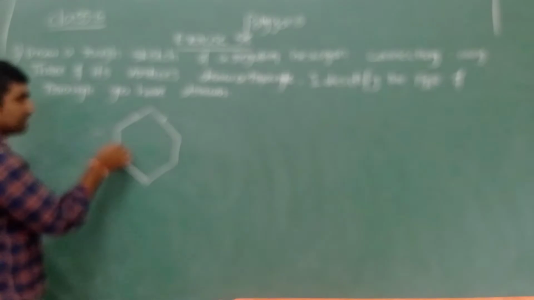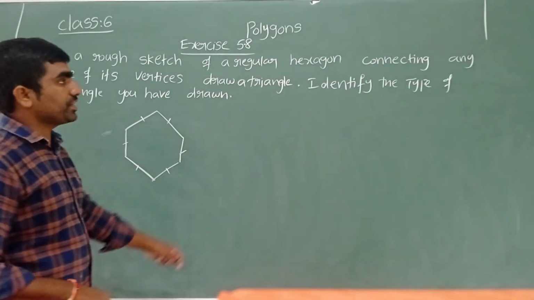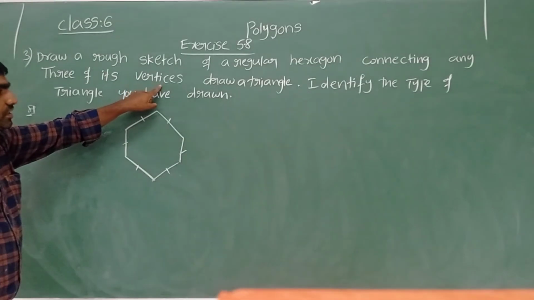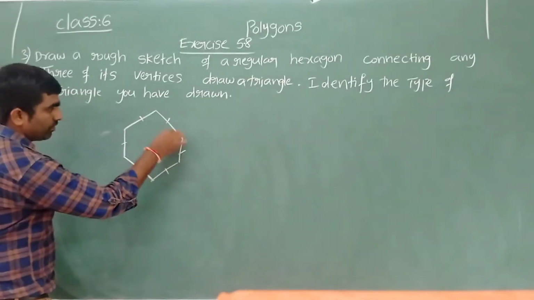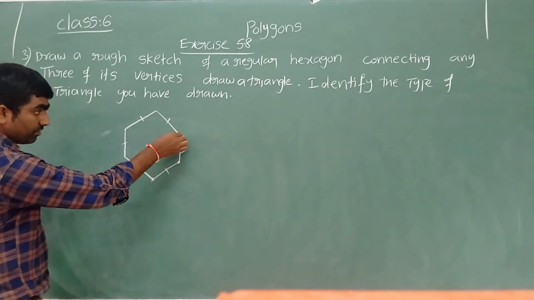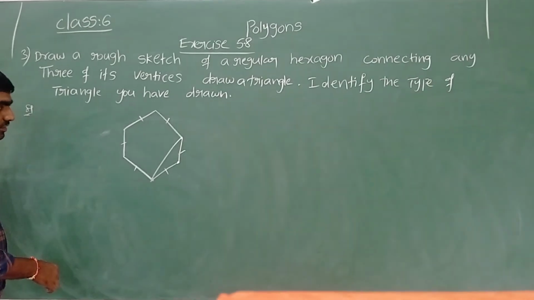Regular: all the sides are equal and all the angles are also equal. What next? Connecting any three of its vertices, draw a triangle. Let me take one vertex, second vertex, third vertex. We can draw a triangle like this. Yes, I got one triangle.